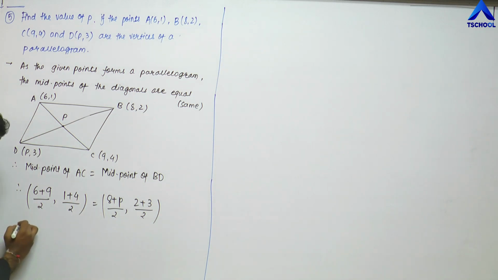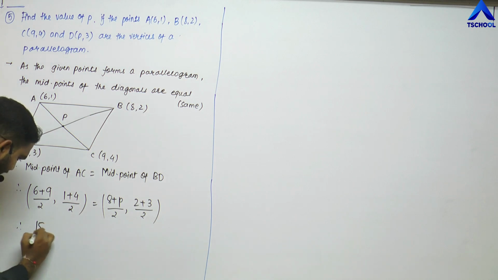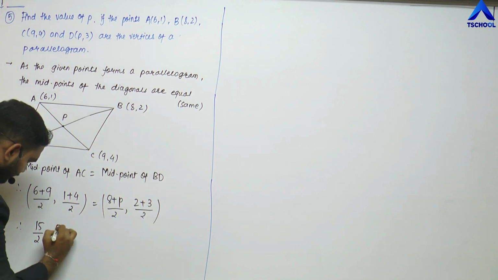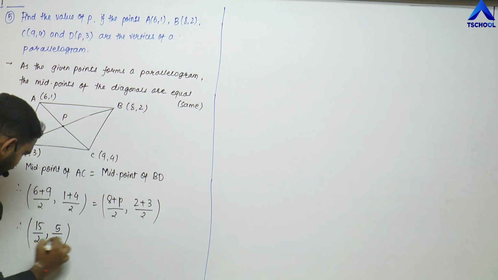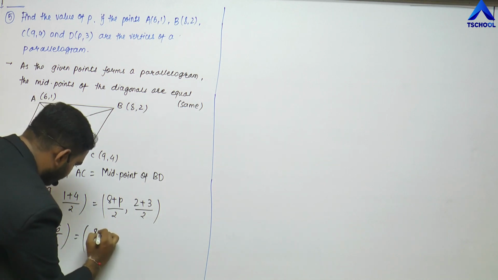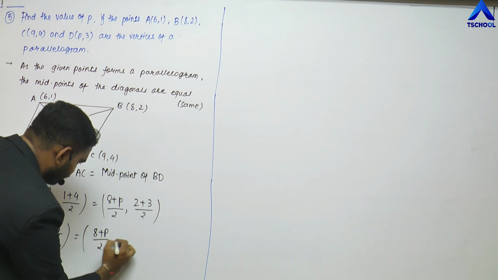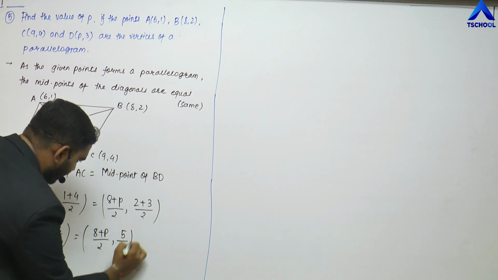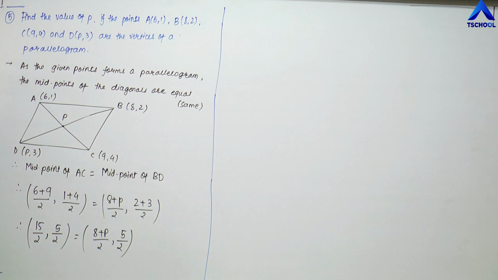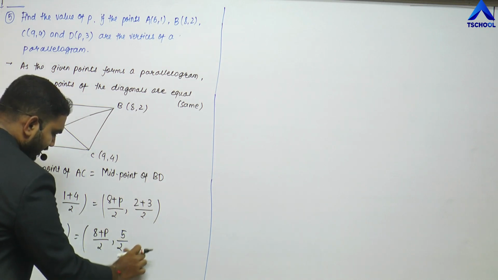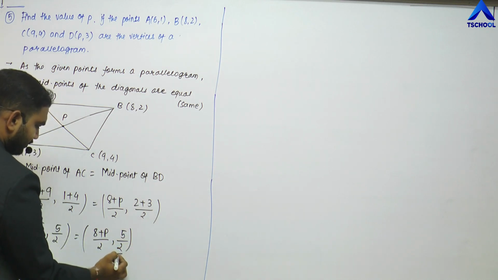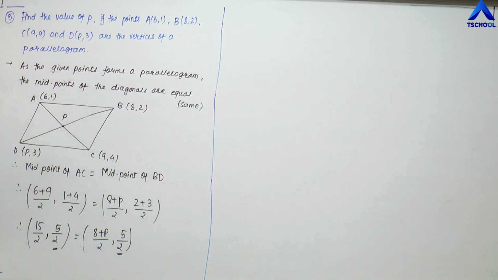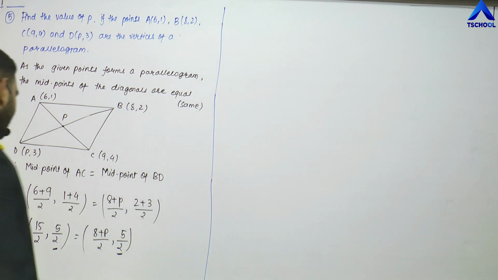Let us solve this. 9 plus 6, that is 15. 15 by 2 comma 5 by 2 is equal to 8 plus P by 2 comma 5 by 2. Friends, you can see here that the y coordinate on both the sides is equal. So if the y coordinate is equal, then let us simply compare the x coordinate.